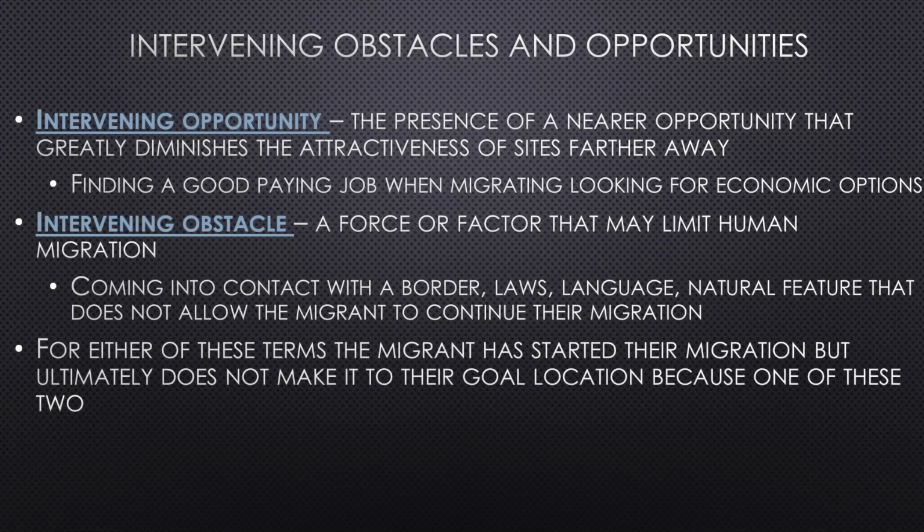So you've also got intervening opportunities: the presence of a near opportunity that greatly diminishes the attractiveness of sites farther away. I like to think of a simple example. Say you're trying to move from Oregon to New York, because New York is the land of opportunity.